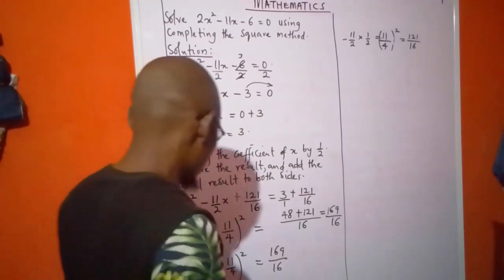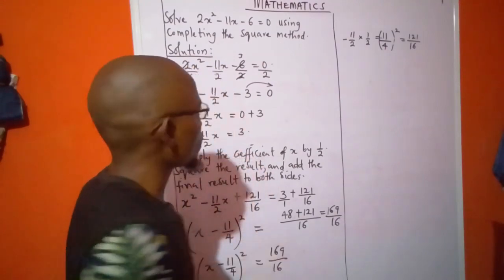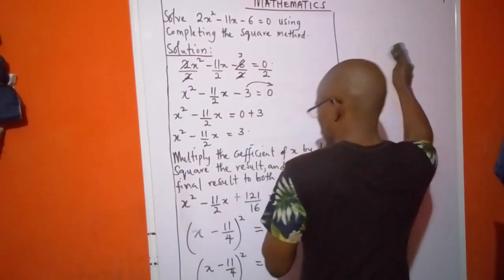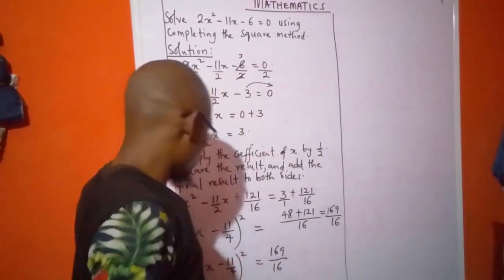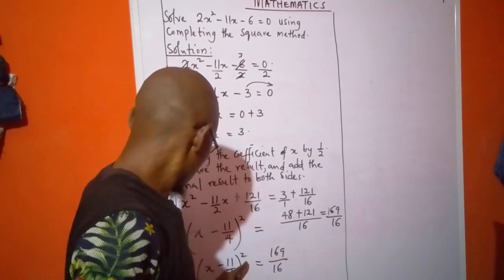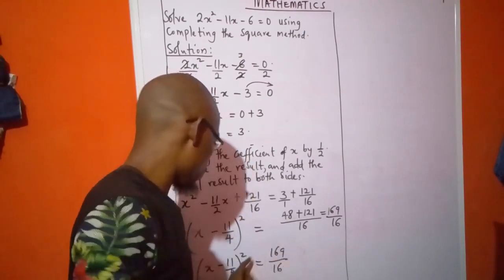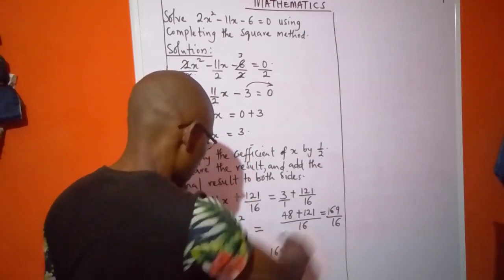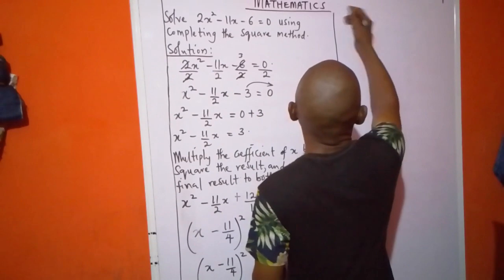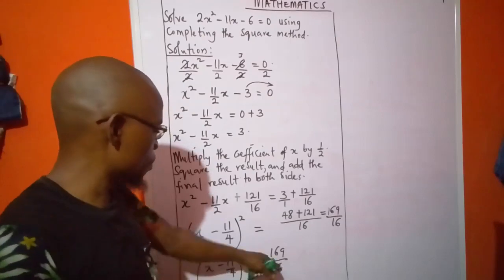Okay. So since this is what we have as our answer here, what we will do now is to take this square, we take it away and turn it to a square root, which means taking the square root of both sides of this equation.